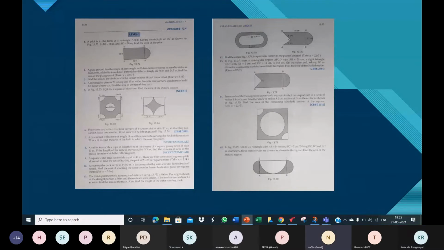How many of you say 400? Srinivasan said 400. How many of you say 40? Priya, Bhargavi. Who else?